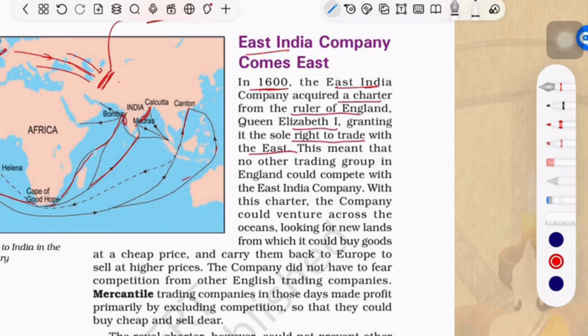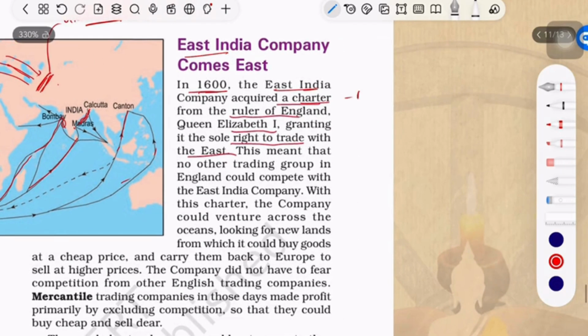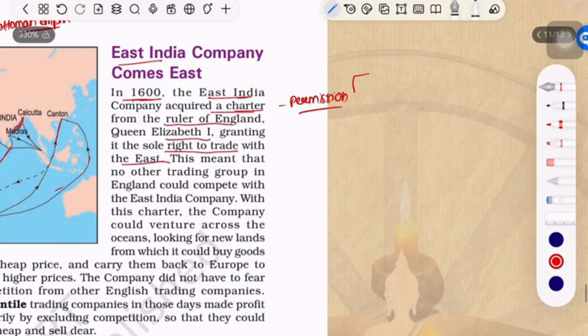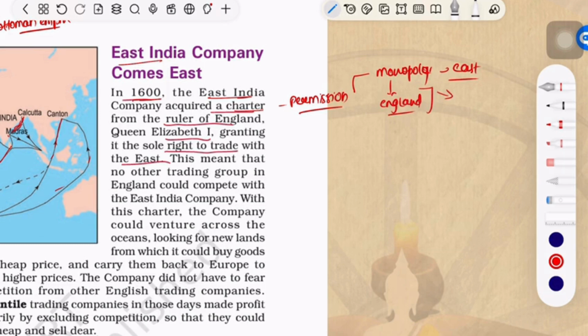A charter is a permission to trade. In this charter, they got some monopoly to trade in the East. It means that no other trading group from England could come to the East and trade with India.